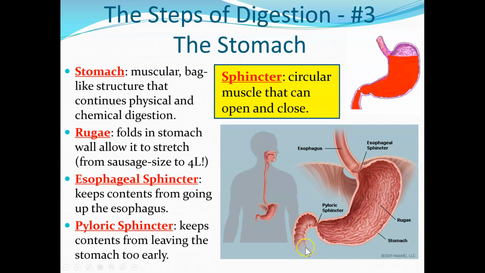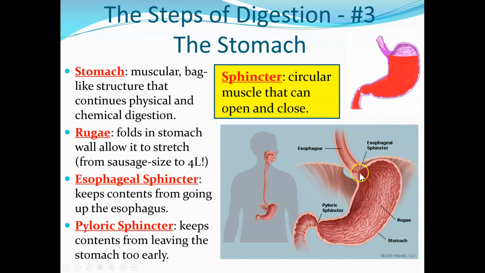And this is your pyloric sphincter and your esophageal sphincter. So you can see it controls the movement of bolus entering the stomach. And the pyloric sphincter over here controls the movement of digested food entering into your small intestine right over here.